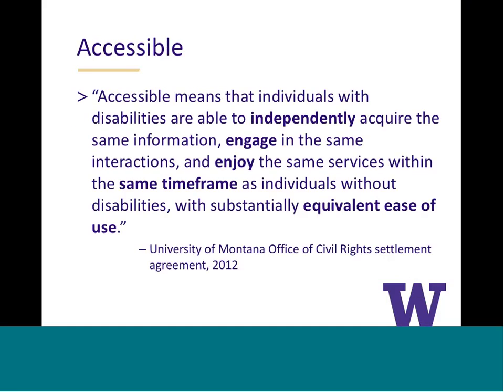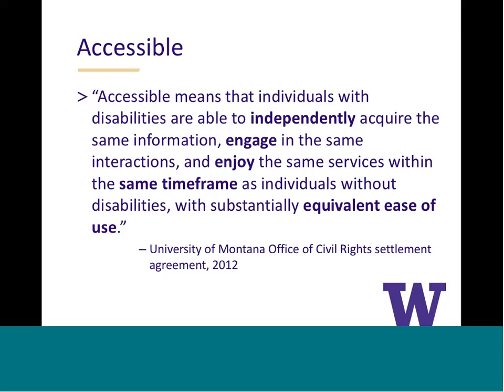Let me introduce to you the definition of accessible that I typically work from. I will read this. This is directly from the University of Montana, the Office of Civil Rights Settlement back in 2012. Accessible means that individuals with disabilities are able to independently acquire the same information, engage in the same interactions, and enjoy the same services within the same time frame as individuals without disabilities with substantially equivalent ease of use.